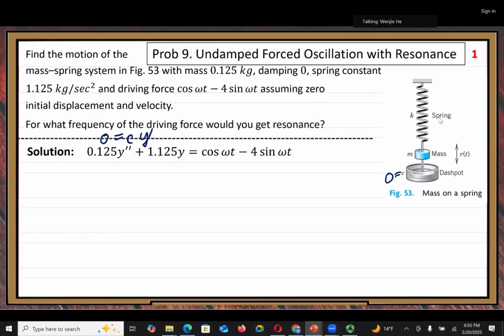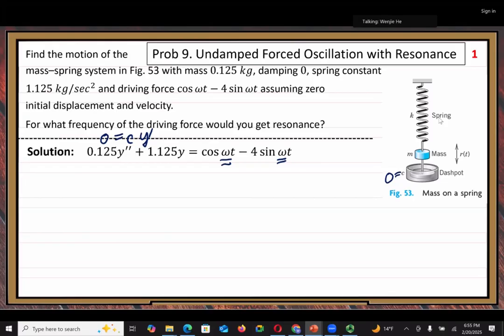Then the driving force: here you can see we add an extra omega. We want to try different values of omega and see at which value of omega we can observe the resonance problem.